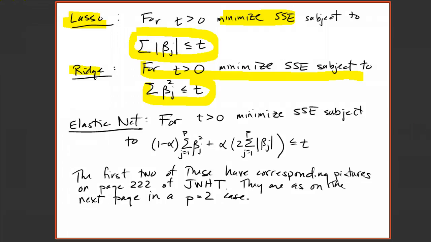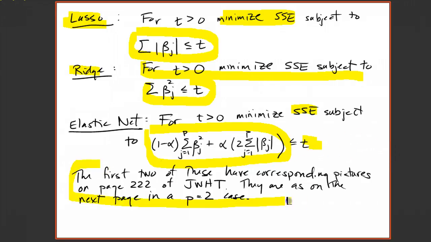And then the elastic net version is to minimize the error sum of squares corresponding to this quantity, which is essentially a weighted average of the sum of the squares of the coefficients and the sum of the absolute values of the coefficients being less than or equal to t.